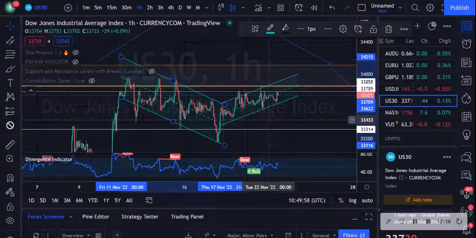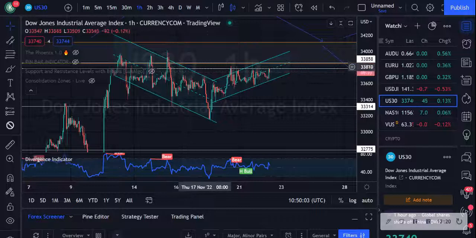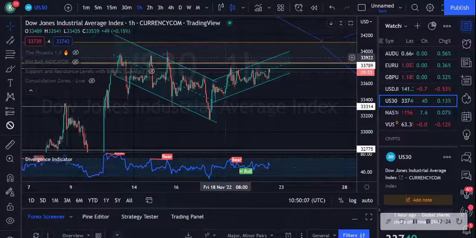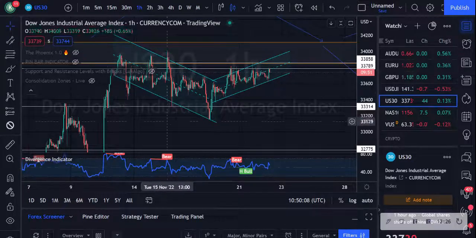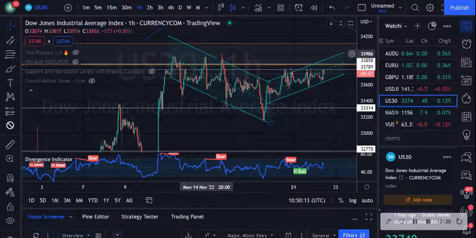Okay, look at this parallel channel here. So it did this, and then in the end it started forming. There were literally no very obvious breakouts, if that makes sense. So what this means is it's just moving sideways, guys.